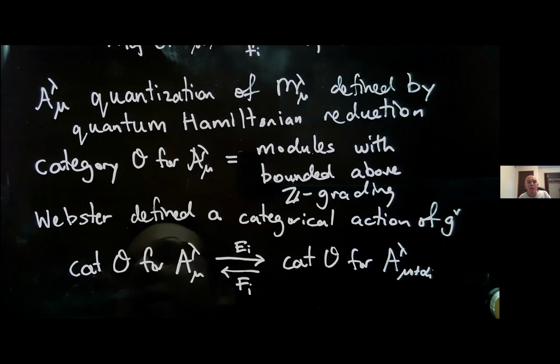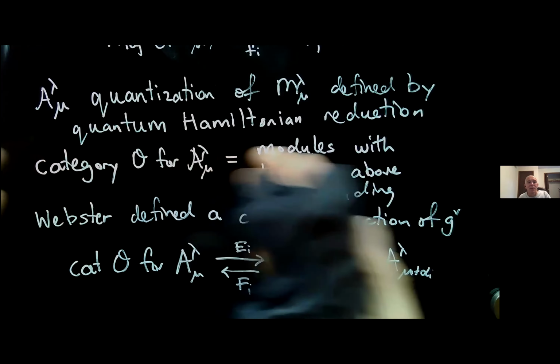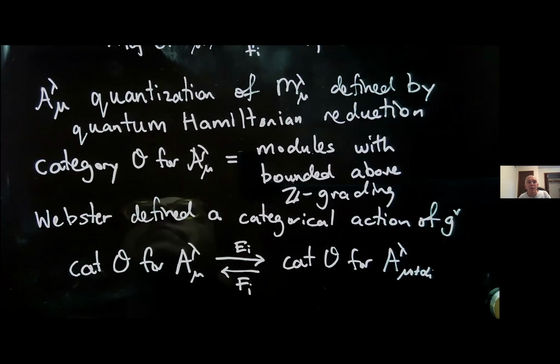It's not really a categorical geometric SL2 action in the sense of my papers, but it's closely related to what we do in those papers, kind of the same kind of thing, but on the level of these module categories. But it is an actual categorical G action in the sense of Khovanov, Lauda and Rouquier. Thank you.